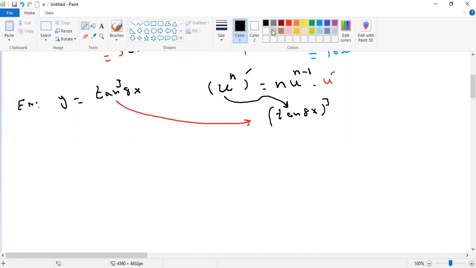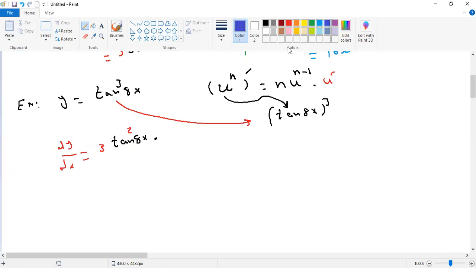So now the derivative, dy/dx, y prime, equal to 3 times tan to the power 3 minus 1, which is 2, so 3 tan squared 8x, times the derivative of tan inside the parenthesis.